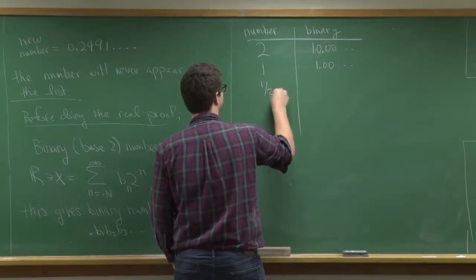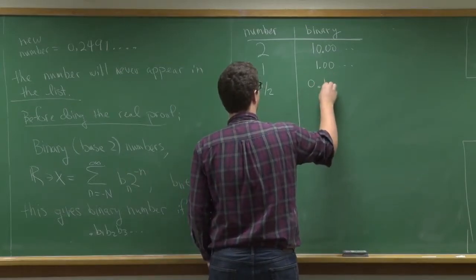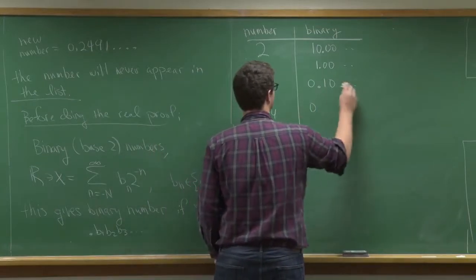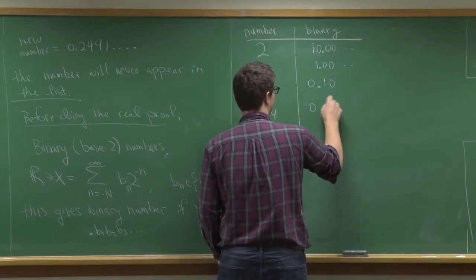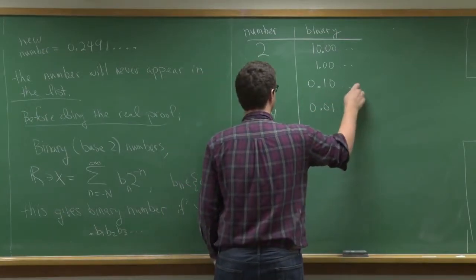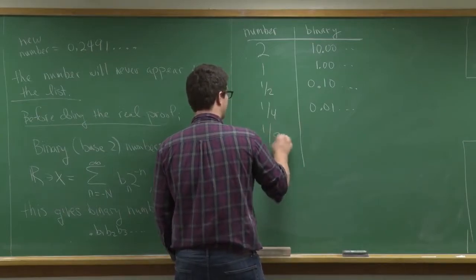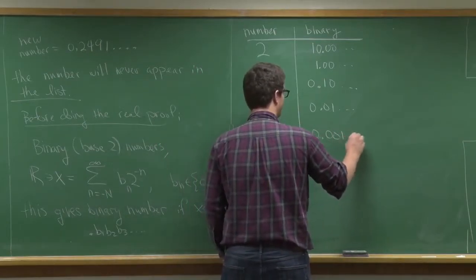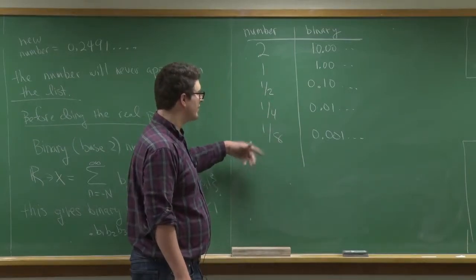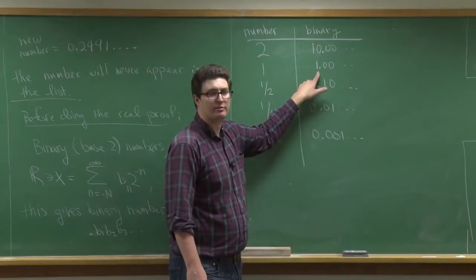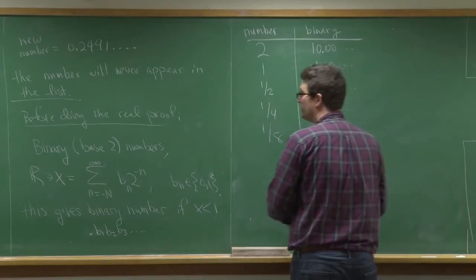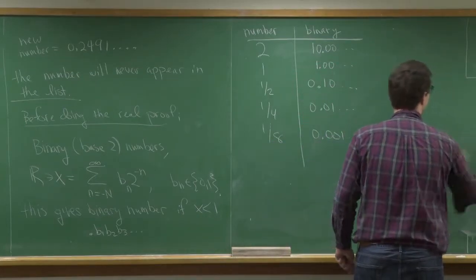A half is 0.10. A fourth is 0.01. So this is the halves place, this is the fourths place, and so on. So 1/8 is 0.001 like this. Do you guys get how this is working? It's just like this is the 2's place, this is the 1's place, just like we have in usual decimal expansions.